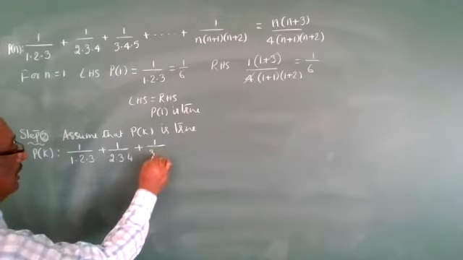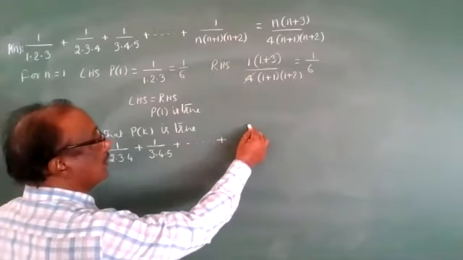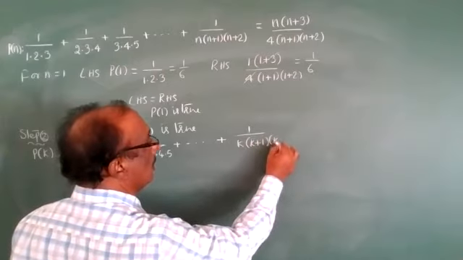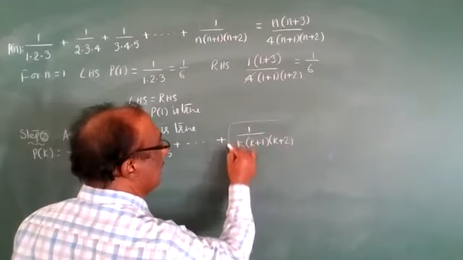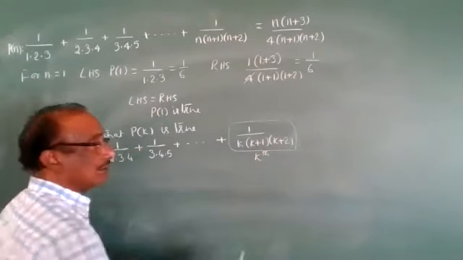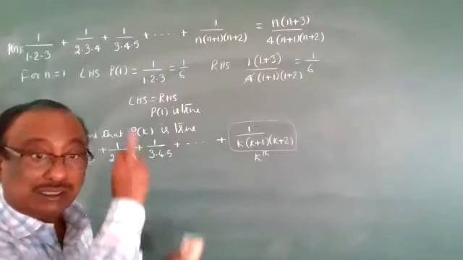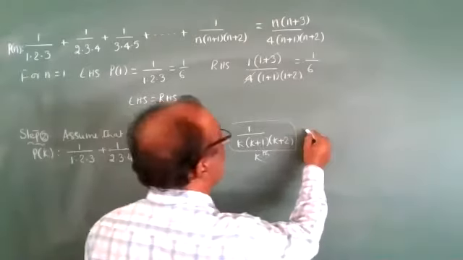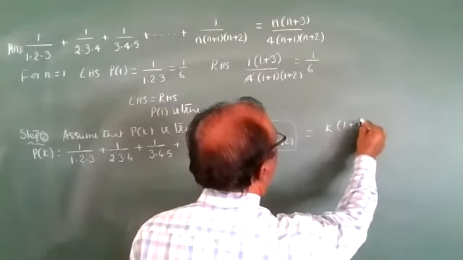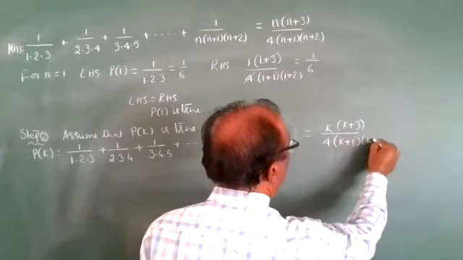Third number is 1 by 3 into 4 into 5. And dotted, kth number is 1 by k into k plus 1 into k plus 2. This is the kth number, up to the kth term. Right side: k into k plus 3 upon 4 into k plus 1 into k plus 2.